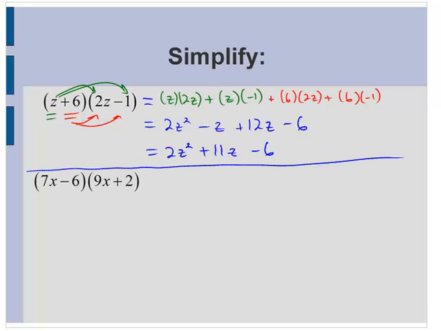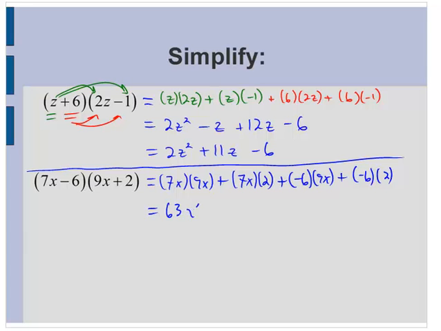Why don't you try this next one on your own? Find the product, 7x minus 6 by 9x plus 2. Alright, so I would have 7x by 9x plus 7x by 2 plus negative 6 by 9x plus negative 6 by 2.